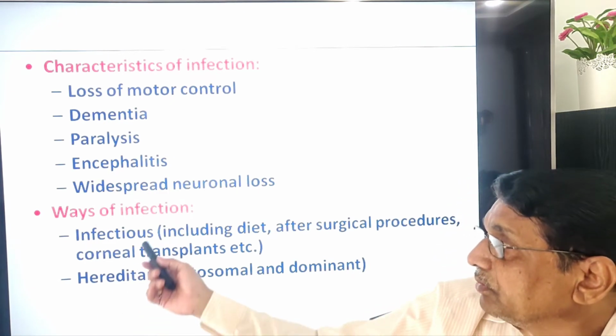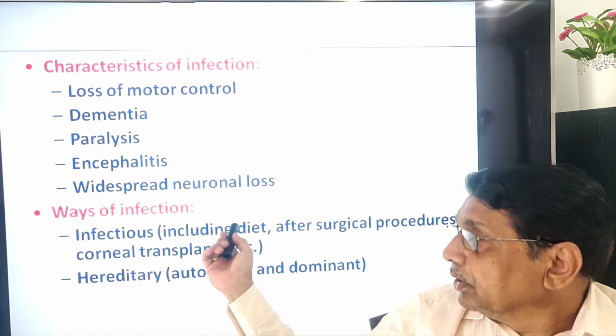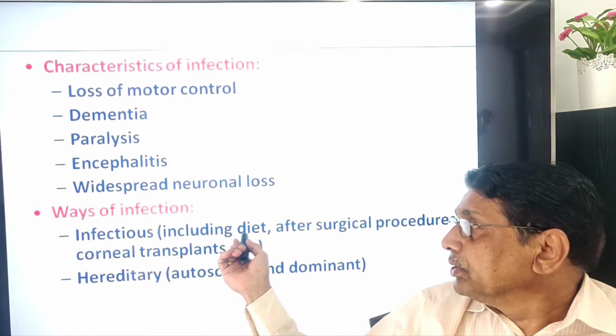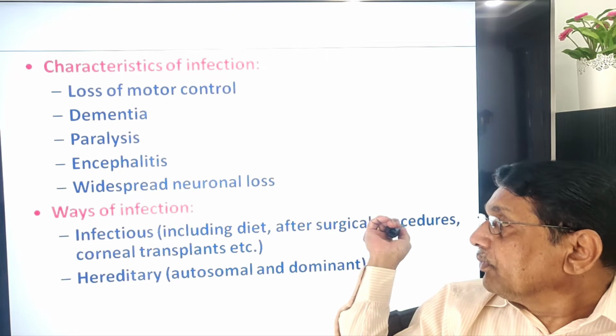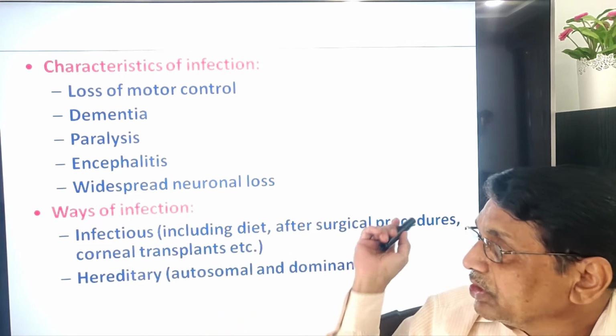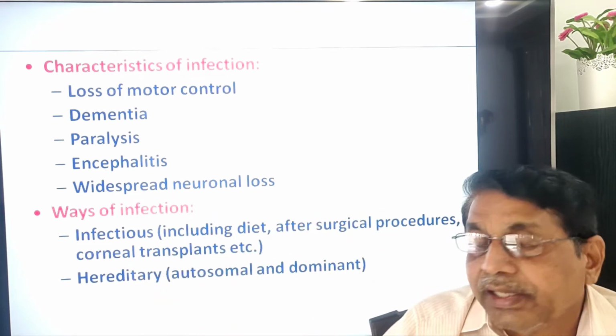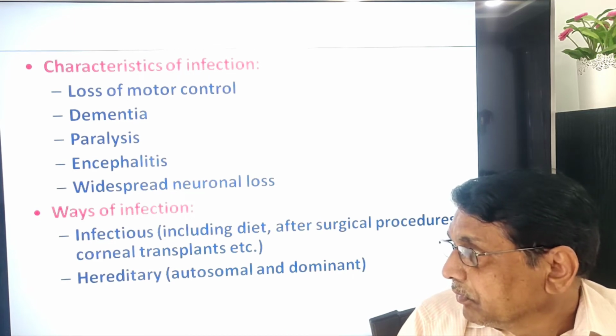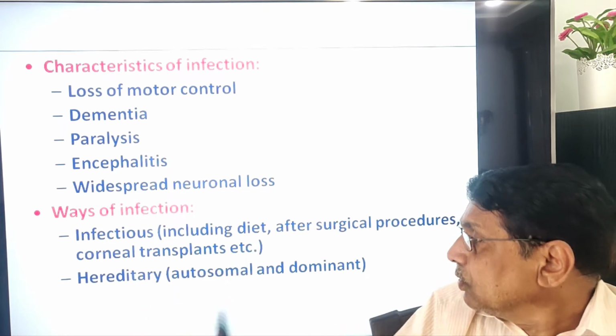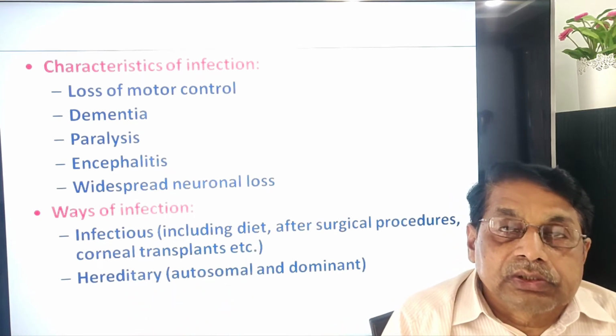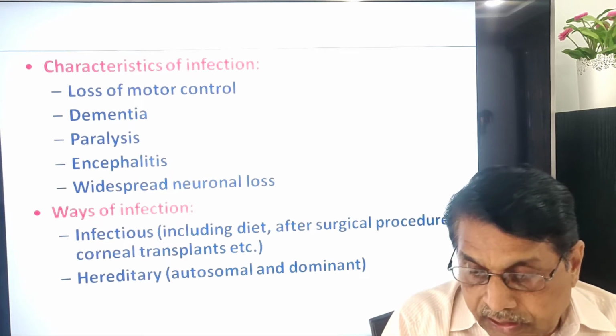Ways of infection: they may spread through diet or through surgical procedures, such as corneal transplant. Hereditary, sometimes an autosomal dominant character. It is a dominant character.